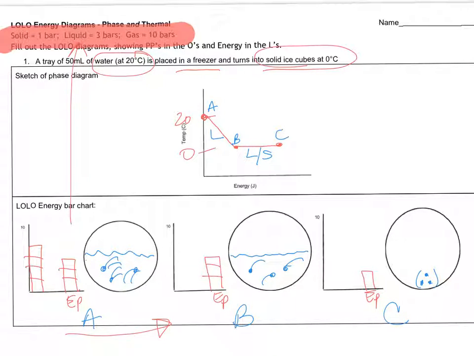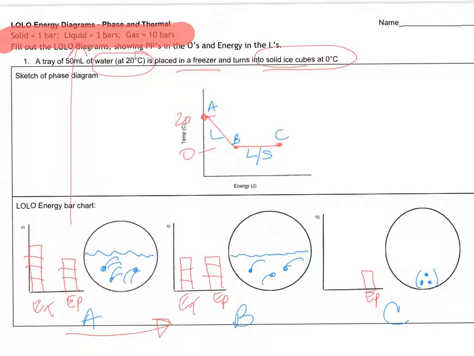Since the temperature is decreasing, if I'm starting at 4 bars of thermal energy, then from A to B I have to use fewer bars. So I feel like using 3 bars here from A to B. Now notice, it's thermal energy that's changing from A to B.